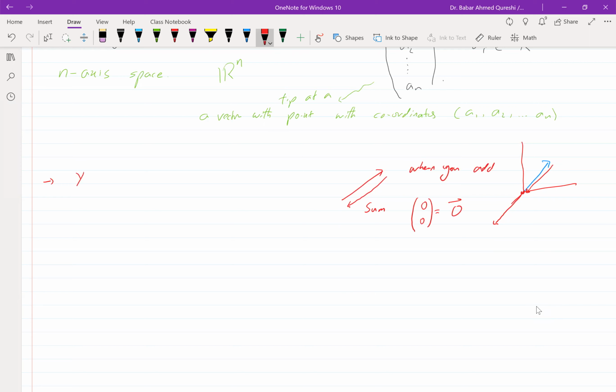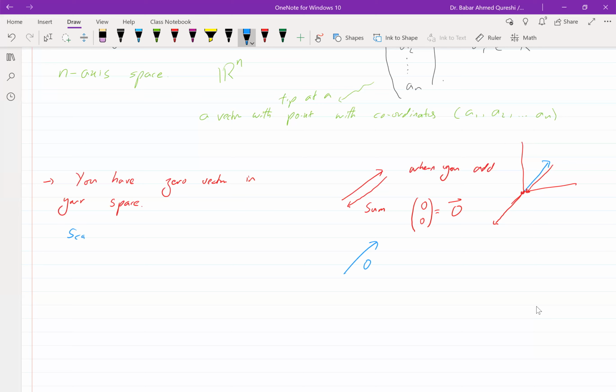So you have the 0 vector in your space, which is that you do not even move away from the origin. And you have this property that if I scale any vector, so if you are given this vector and I scale it by multiplying with 0, so I bring it down to collapse to the origin.